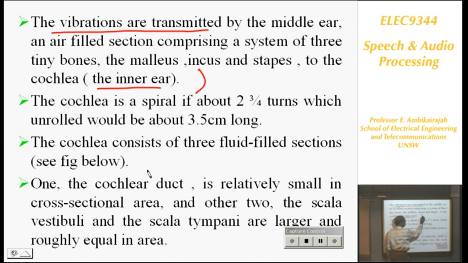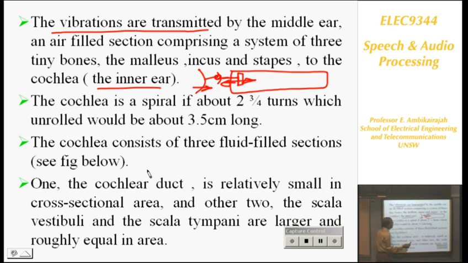Here is the membrane, connected to this bone, which is connected to what we call the stapes. This is the cochlea, or the inner ear. Any movement here makes this move in both directions. This is called the stapes. And again I'll explain to you how the inner ear works in a minute.